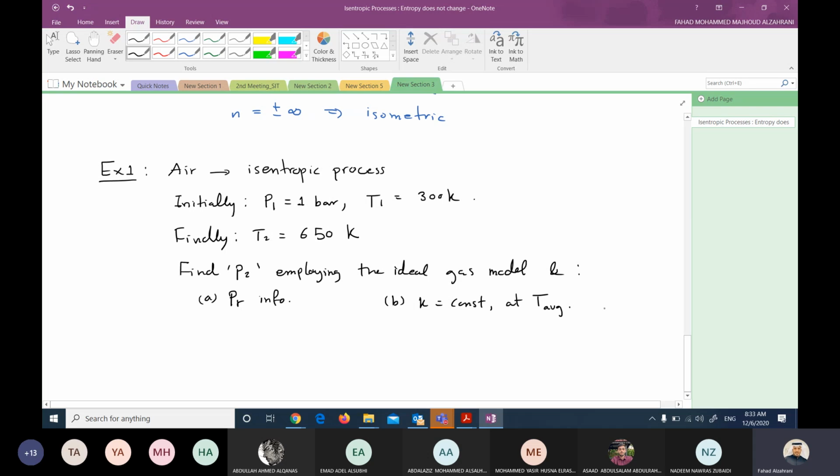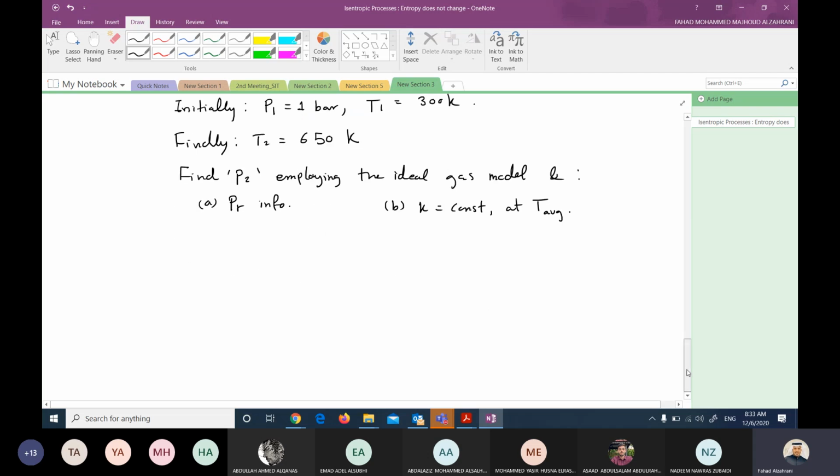So how can we use the first approach? Part A. I told you this is an ideal gas and it's isentropic. What's the relation I should apply here?